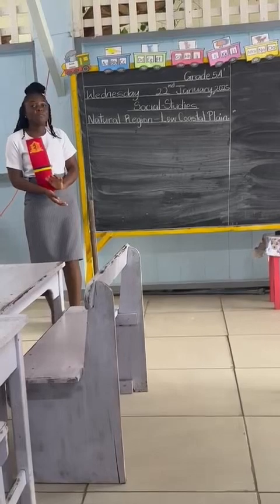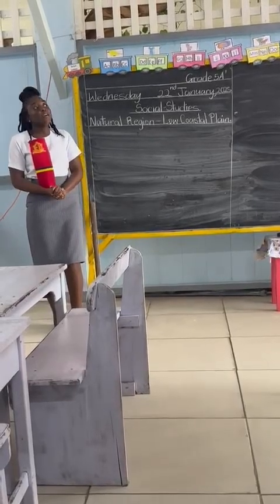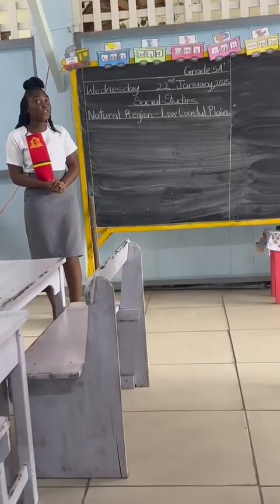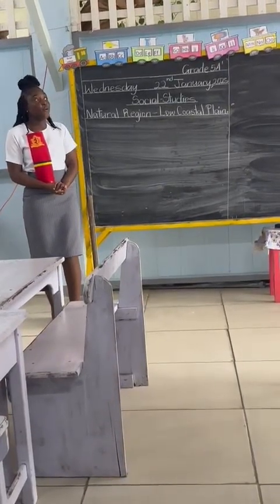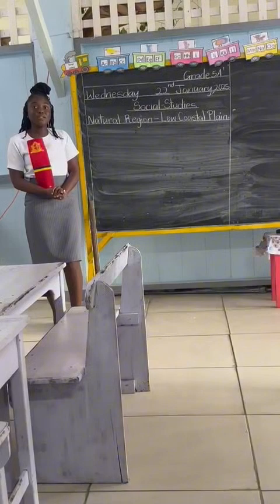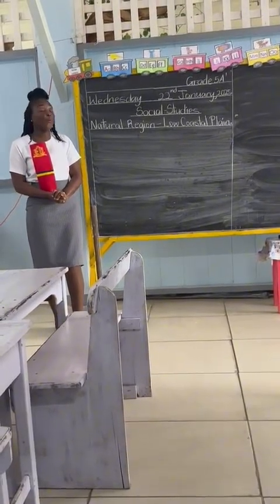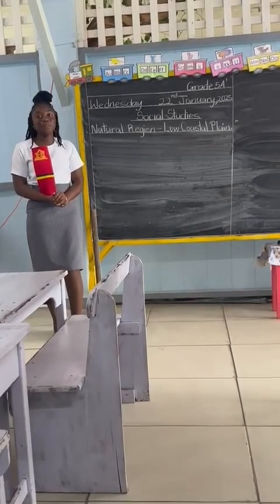Alright, so it is flat indeed, but some parts don't have hills. So I will give you a definition and we're going to go through and find out what is a low coastal plain.